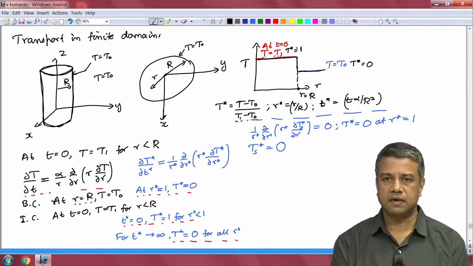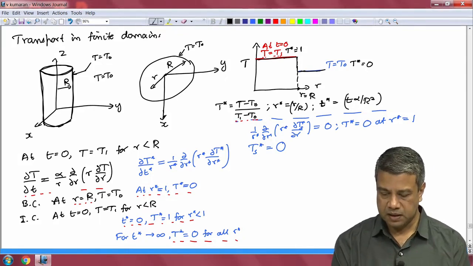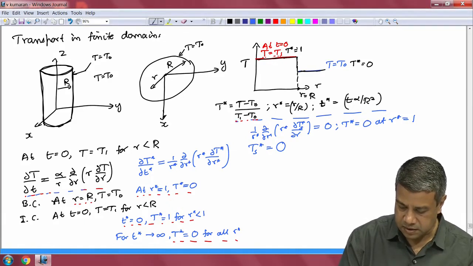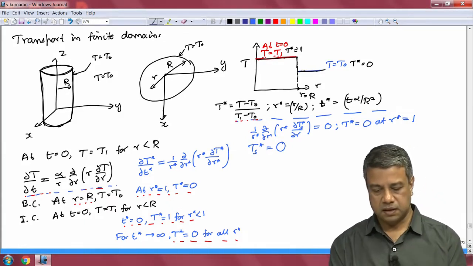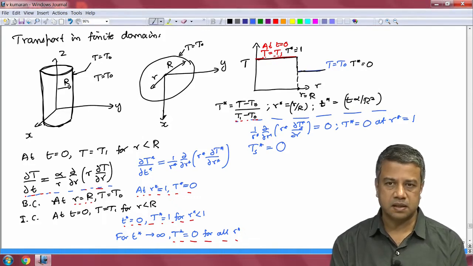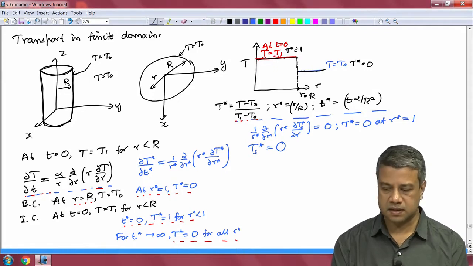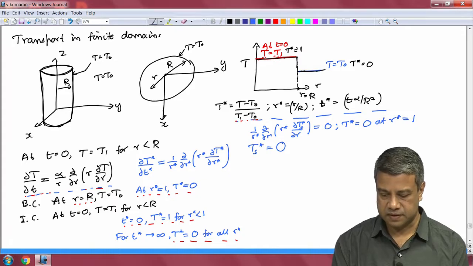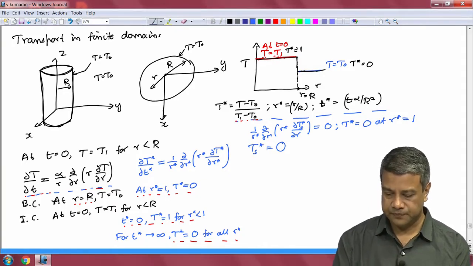The unsteady energy conduction equation is given by this. If you recall, the terms on the right side are the spatial derivatives in a cylindrical coordinate system, which arise because the surfaces of constant coordinate are curved surfaces, with a boundary condition and an initial condition.